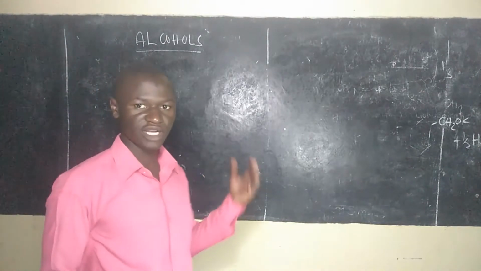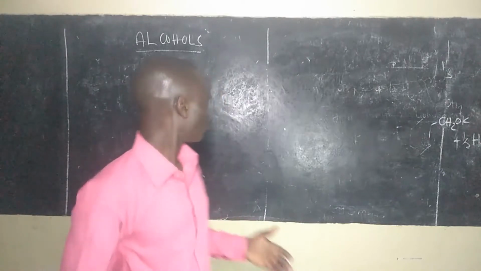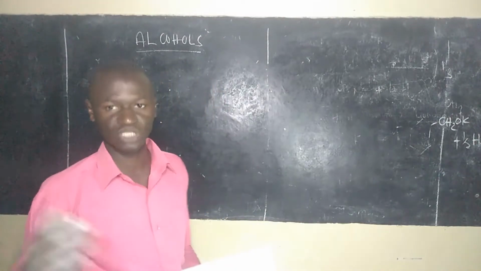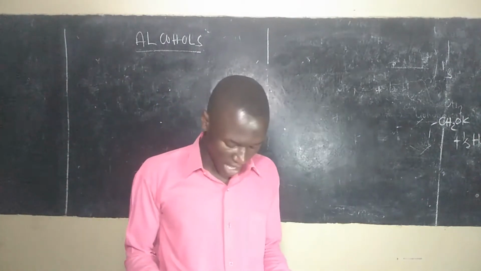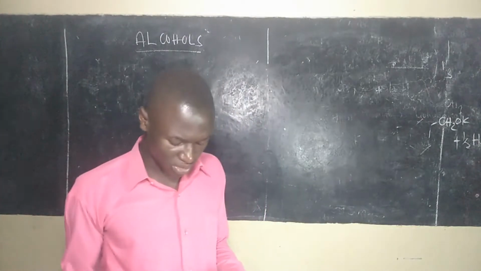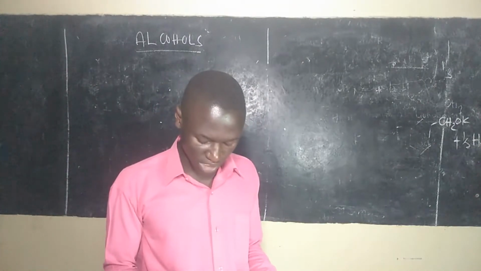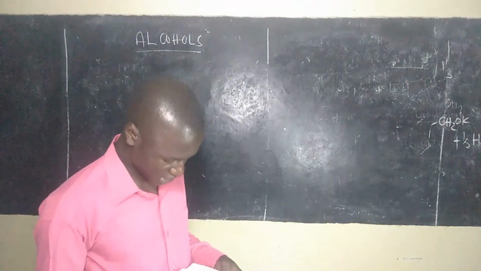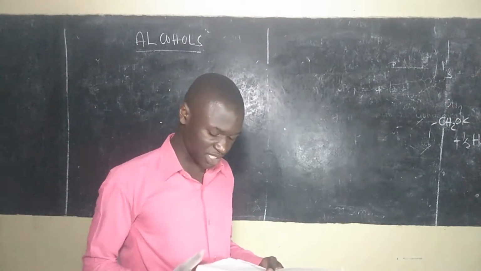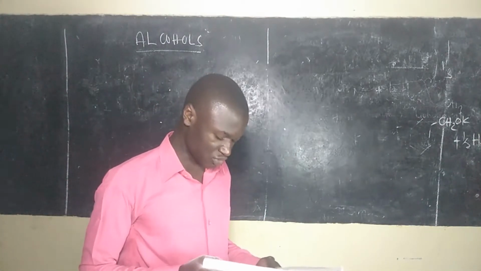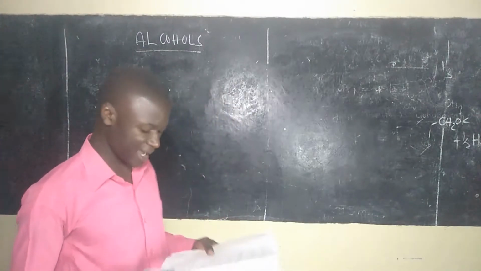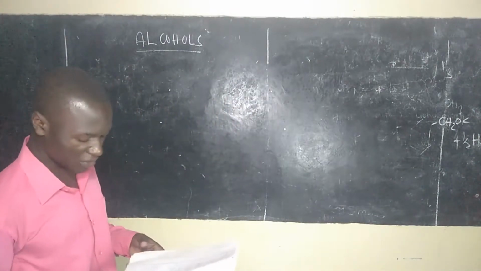Reaction involving replacement of hydroxyl. Kuna reaction ambazo hydroxyl yote inatoka. Na kwenye hizi reaction, when alcohol is treated with a halogenating agent, the hydroxyl group is replaced with the halogen to form alkyl halide or haloalkane.